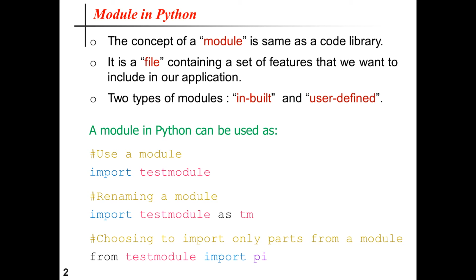Now we would like to see the syntax that can be used for using the modules that have been created in Python. Say for example, I have created a module named test module. First that particular module will be created in Python, and it will have a .py extension.